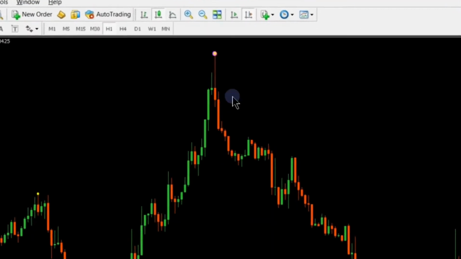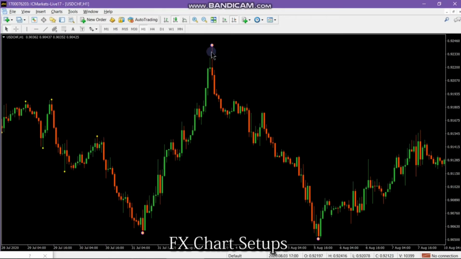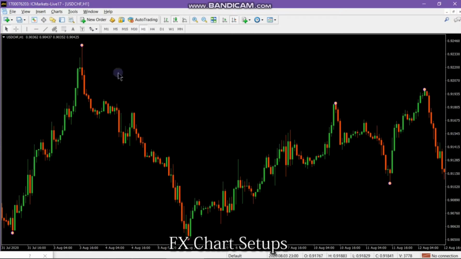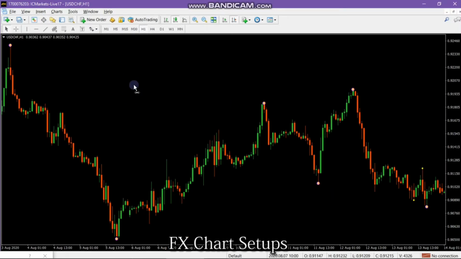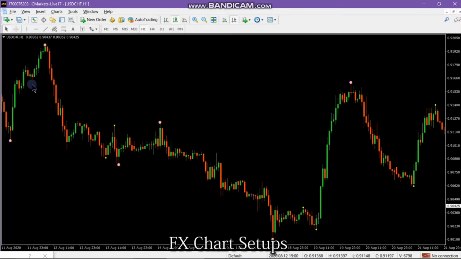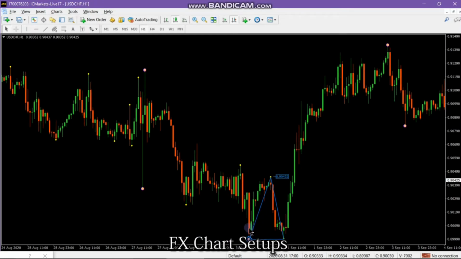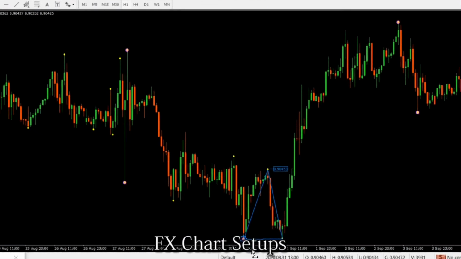The next form of indication that we have are these pink dots that are slightly bigger than the smaller yellow ones. What these indicate are larger swings. They are not small swings, they are slightly larger swings. And the last indication that we have, let me just find one, are the suns.